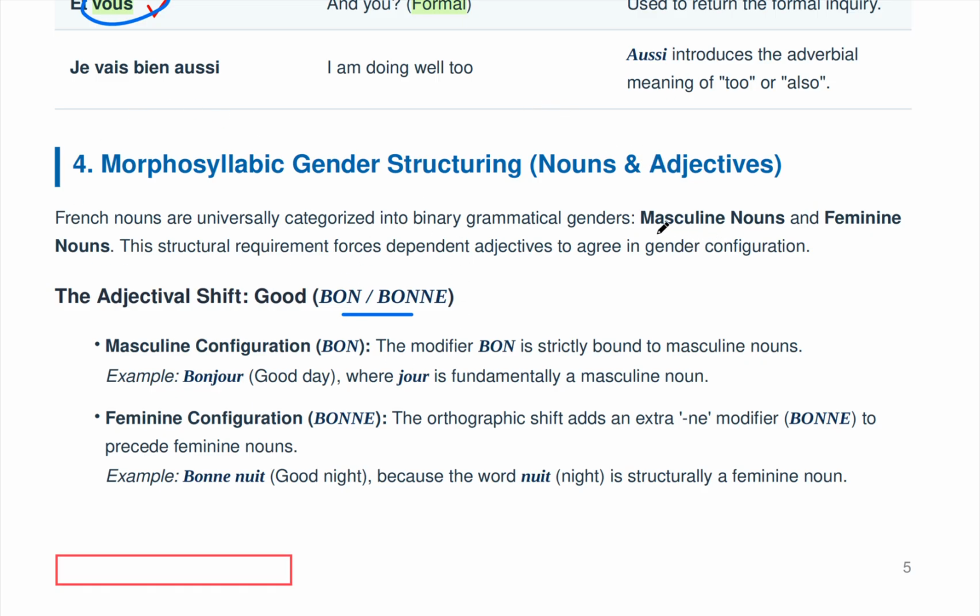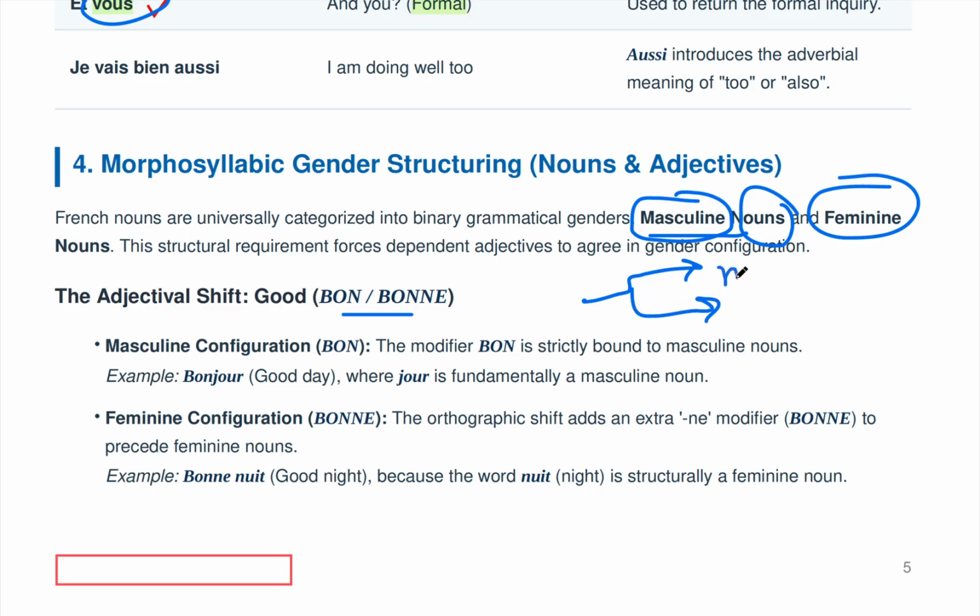So let me tell you, in French, every noun, be it table, chair, blanket, mirror, walls, hair, window, pencil, pen, whatever you see as a noun around you, is divided into two categories, masculine and feminine. Number one is masculine and number two is feminine. Those that are masculine take bon in front, and those that are feminine take bonne.